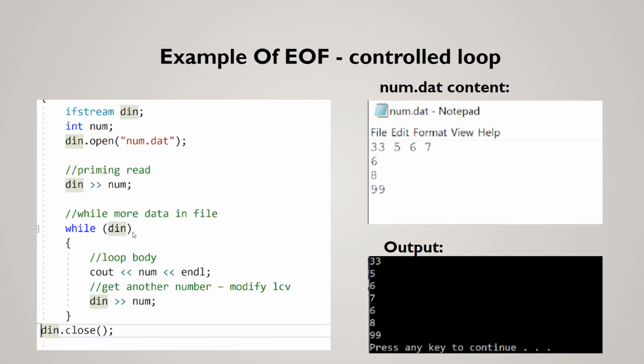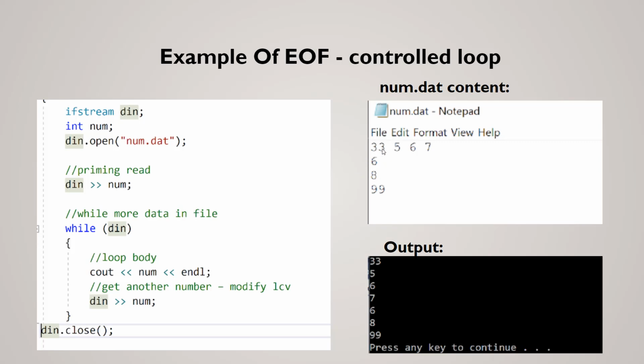Now our loop test is just our while DN. This while DN will evaluate to false if there is no more data in the file. Okay? It will evaluate to false if you tried to read the next value, but there was nothing to read. So this would be true initially.